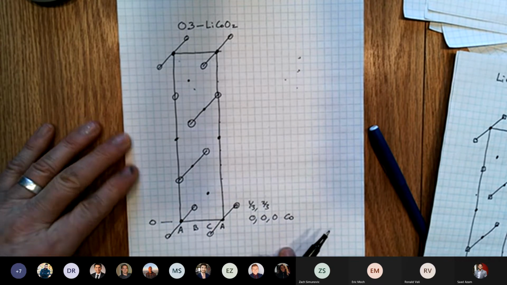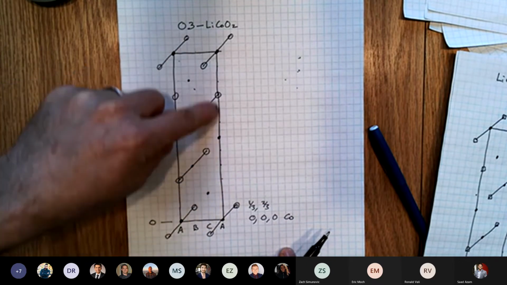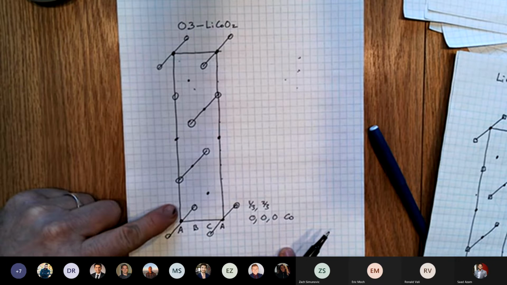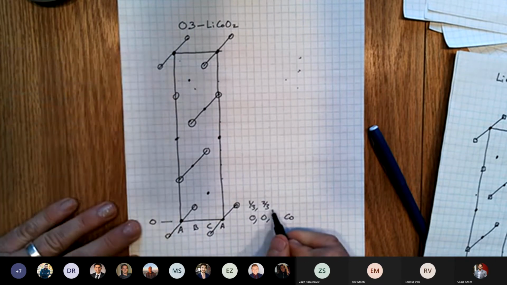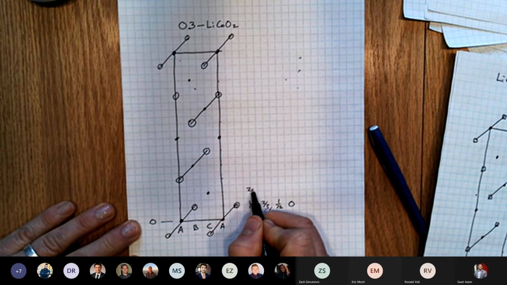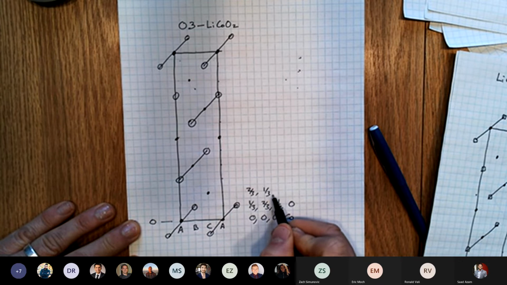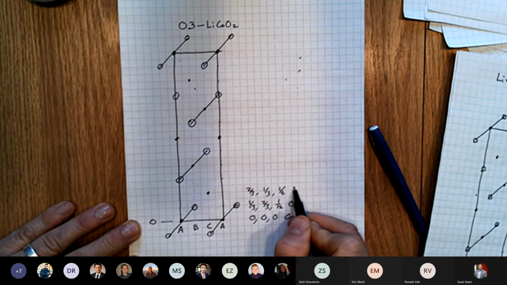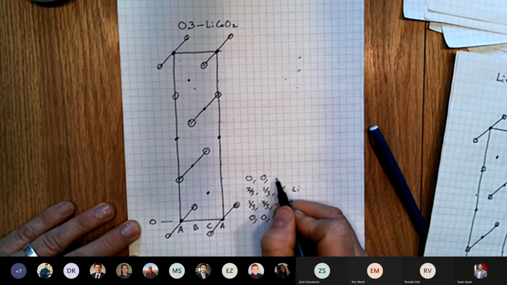How far? Well, you would have listened to me count to see how many points of the page to go up. This is 1/12 up compared to the total repeating unit. 1/12 oxygen. And then we have lithium on the C site, which is 2/3, 1/3, and it's up 2/12, which is a 1/6. Then we have oxygen at 0, 0, and 3/12 is a quarter.